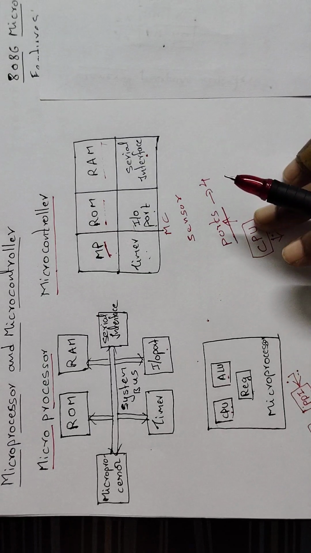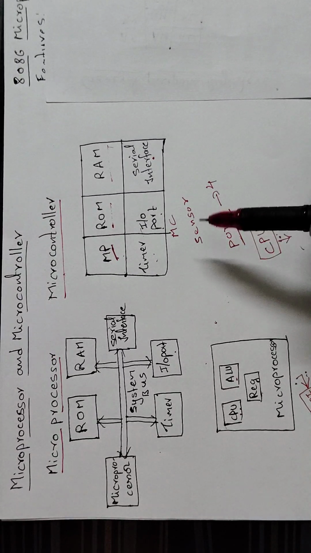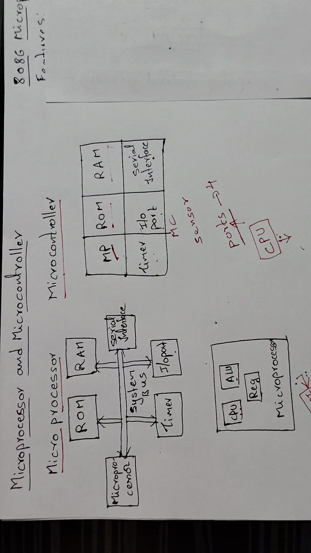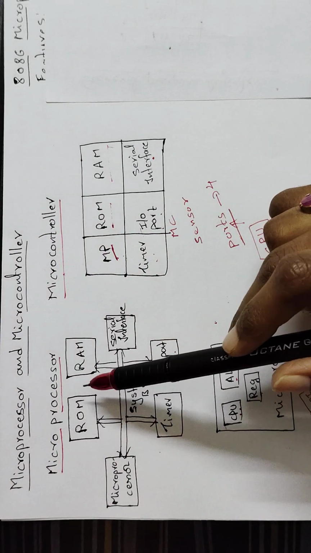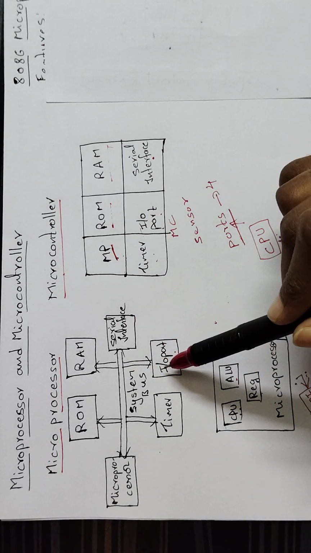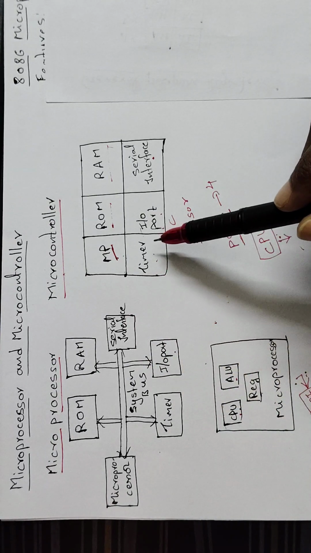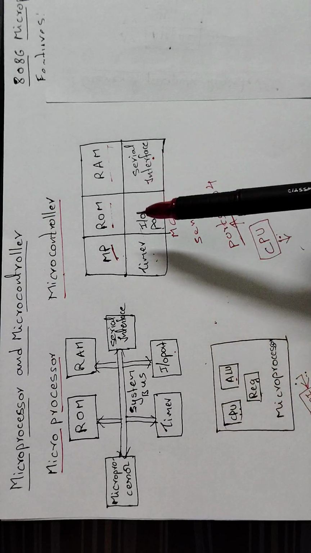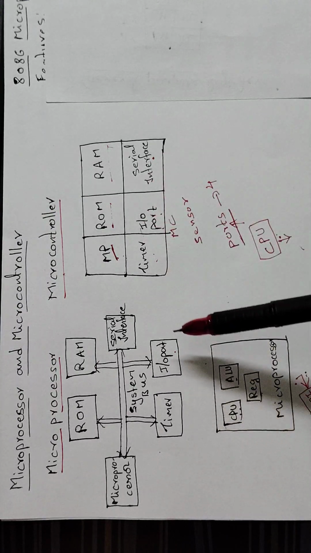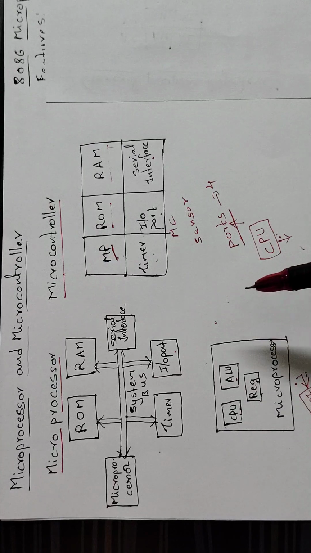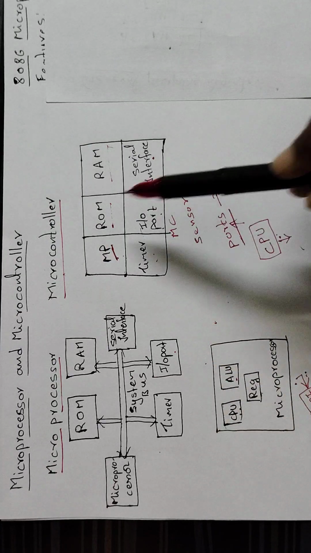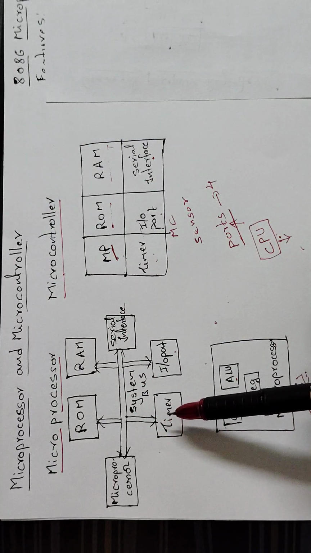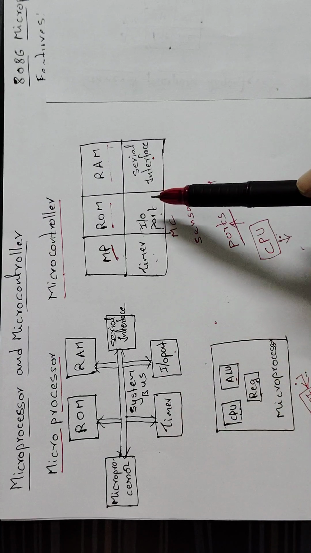Nowadays there is no SD card; all the memory is inbuilt in the mobile phone's processor. Microprocessors are mainly used in computers and laptops, whereas microcontrollers are used in washing machines, refrigerators and air conditioners. These are the applications of microprocessors and microcontrollers.